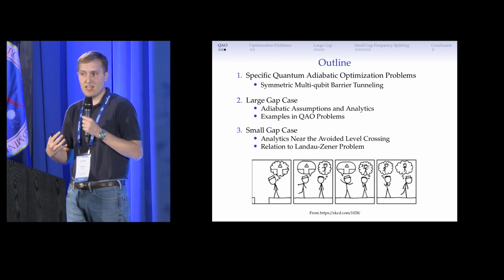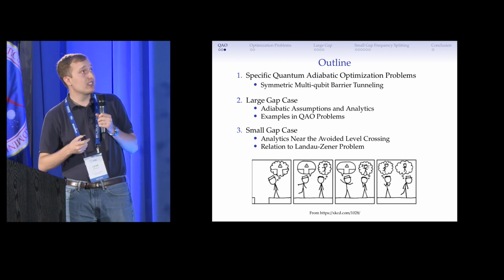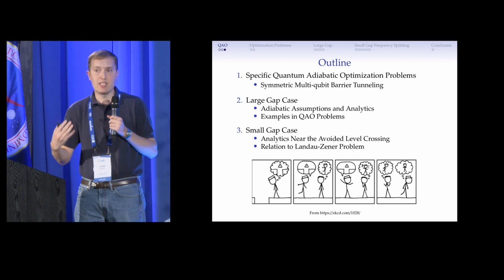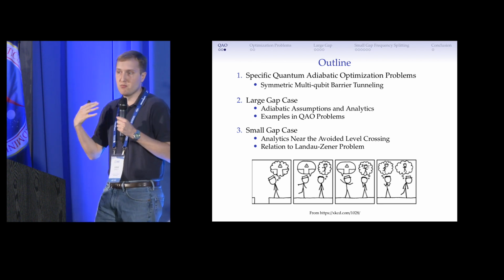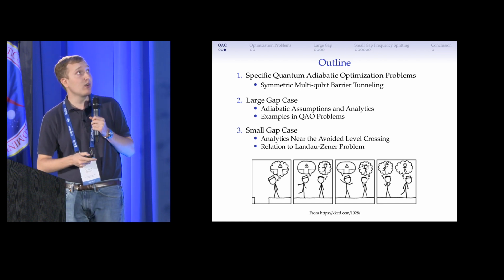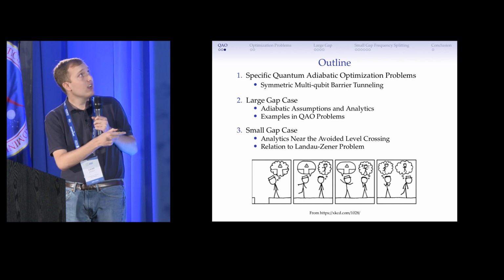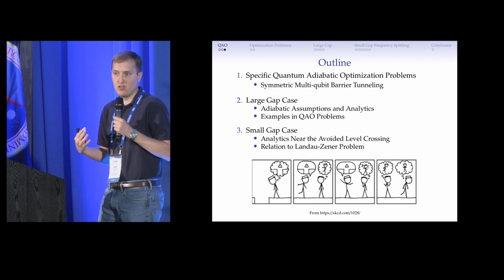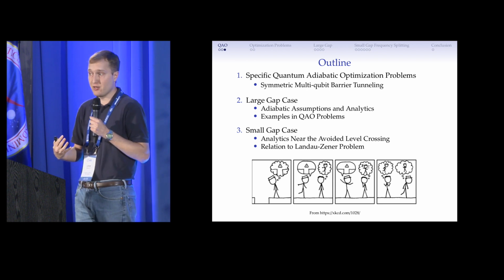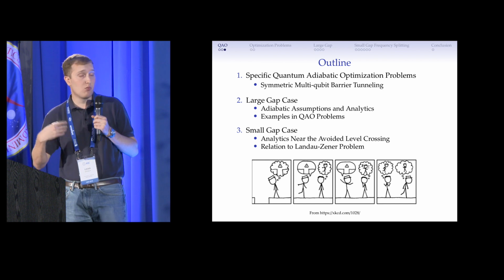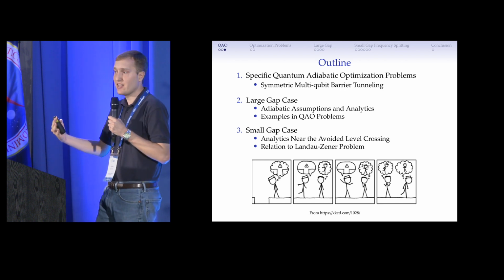Even though that is an example, I want to state that our results are more general than just that model. I'm going to be using that for some numerical confirmation, but we think that our results should apply to other models as well. Then we're going to look at some previously known results when the gap is large, when you're following the adiabatic condition, and then get into our own results when the gap is small, when you're running this faster than you should be.